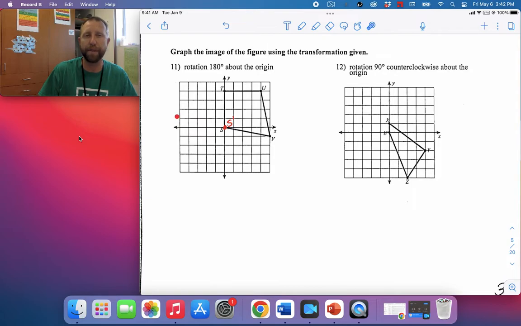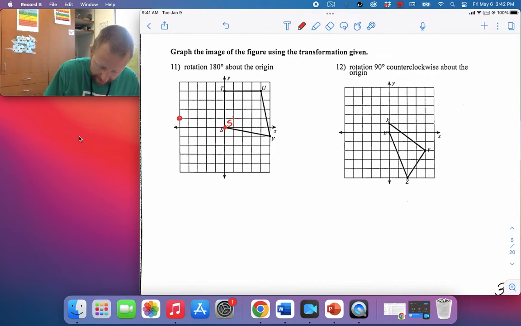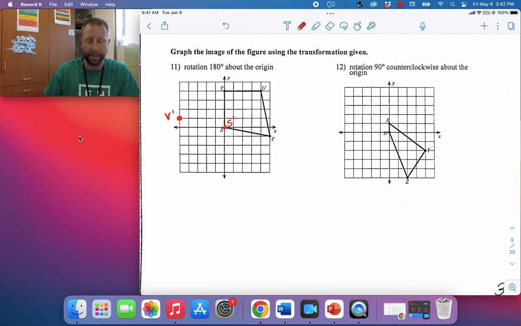And if you guys remember, when I spin a shape or a line, because this is a line right here, when I spin a line 180 degrees, it actually just continues the line on, right? And this is what I mean. This is V prime. And you can see how this forms a straight line to go between those.